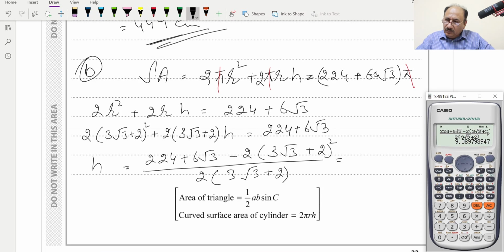We are done. Again we have made some mistake. This is not 6 under root 3, this is 60.